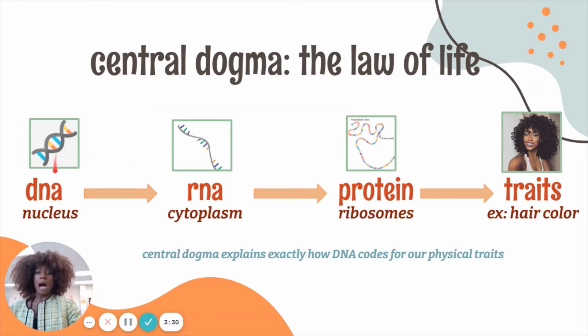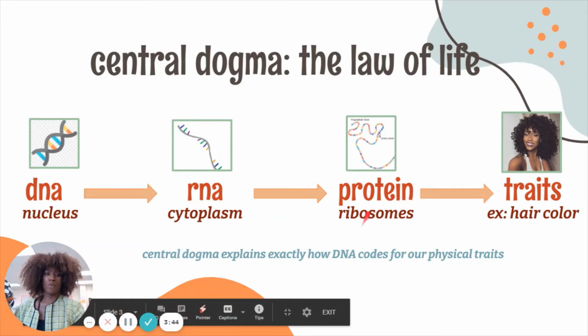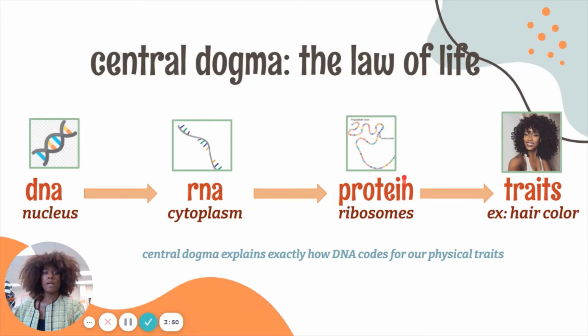Okay, DNA is copied into RNA, which is a single strand of nucleic acid. RNA is not super important, so it can leave the nucleus and go to the cytoplasm. In the cytoplasm, it's going to find the ribosome, and on the ribosome, we're going to assemble a protein. Proteins are assembled using individual amino acids that are put together like beads on a string.